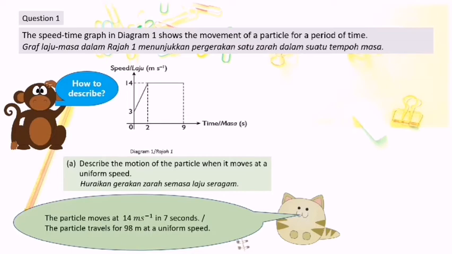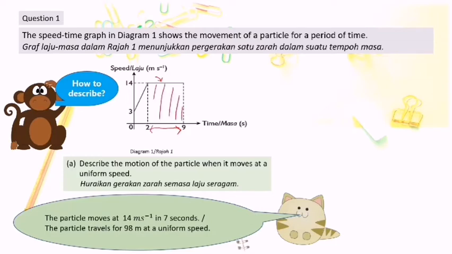From the graph, this part is uniform speed. The speed is 14 meters per second from 2 seconds to 9 seconds. So the duration for uniform speed is 7 seconds. That's why we can write: the particle moves at 14 meters per second in 7 seconds.